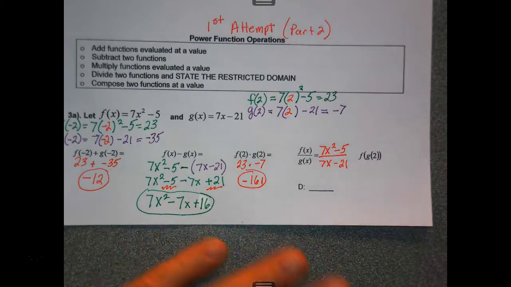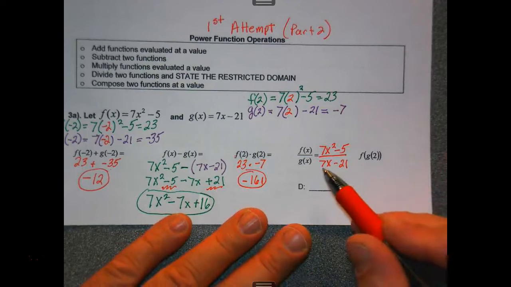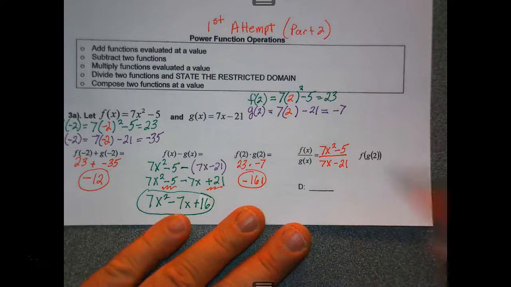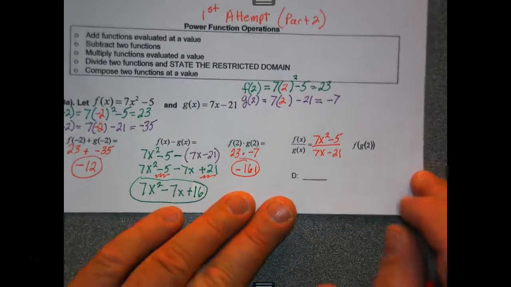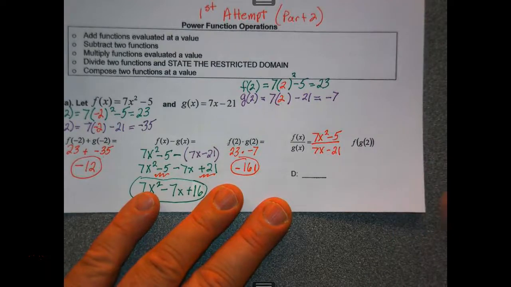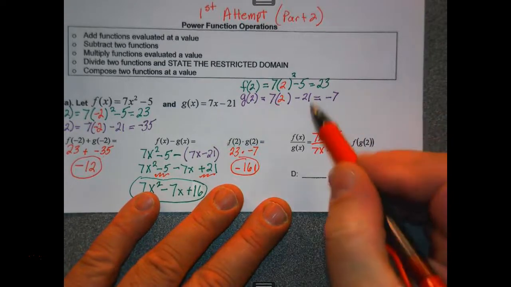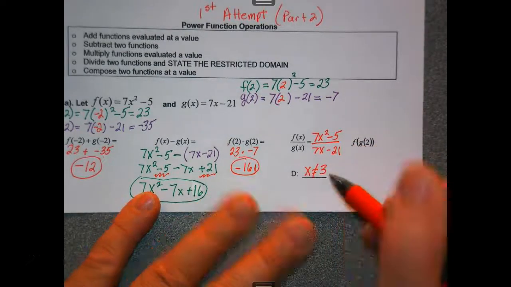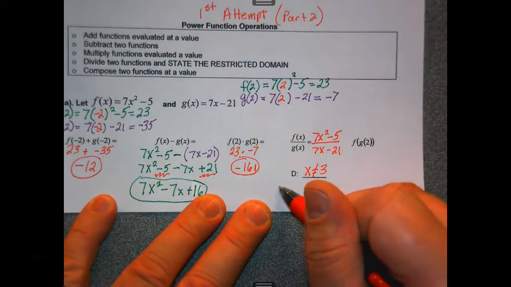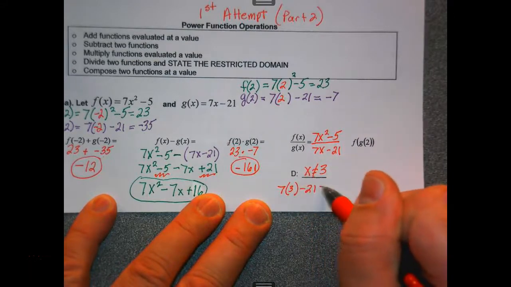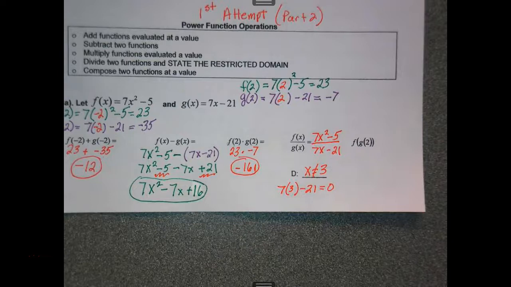I can factor out a 7 and get x minus 3, but it's not going to help. Do I have any domain restrictions since I have a fraction now? 3, right? Why 3? Because if x was 3, that would equal 0, and I can't have 0 in the denominator. Okay.